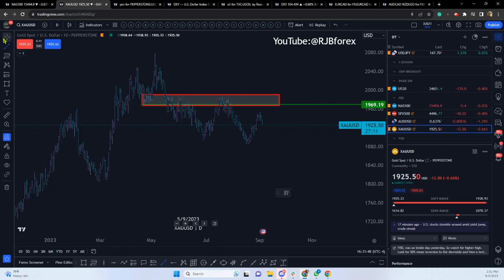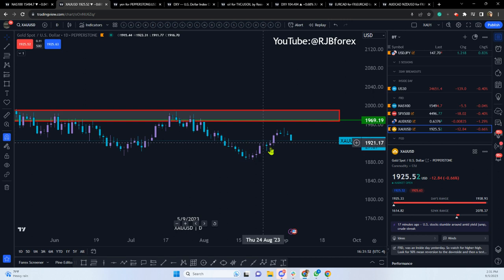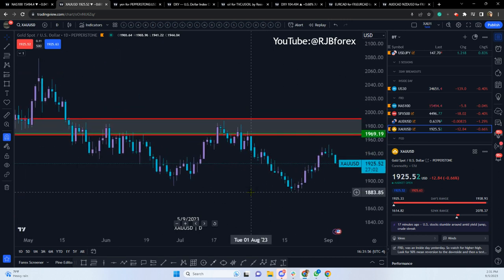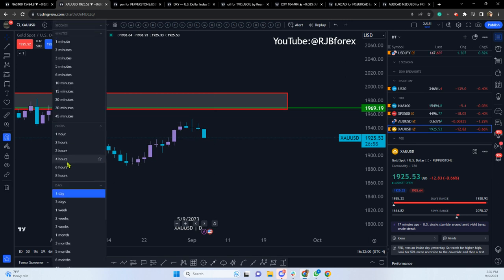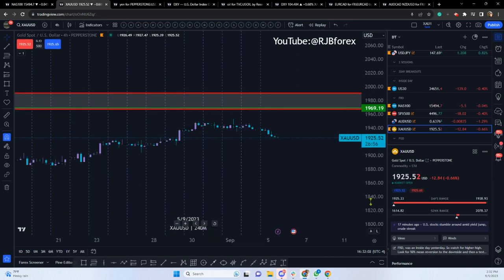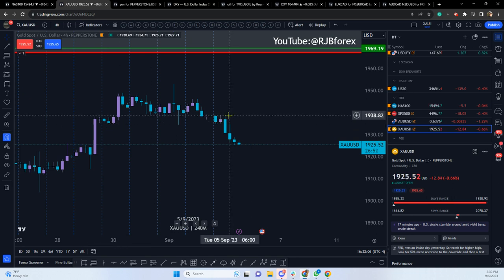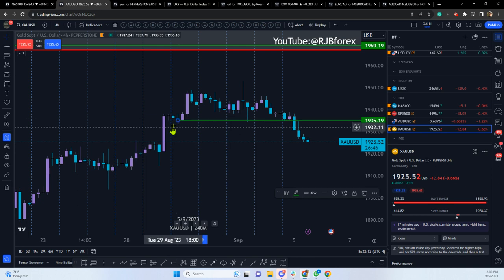Now we're going to move into the 4-hour chart and have a look at what's going on over here. As you can see, we have a broken structure to the downside, breaking that higher low over here.